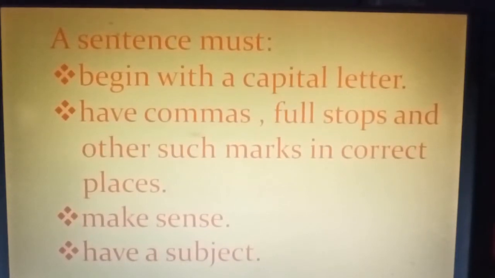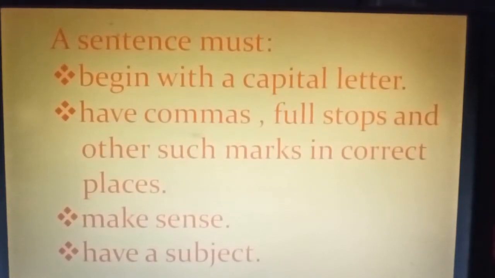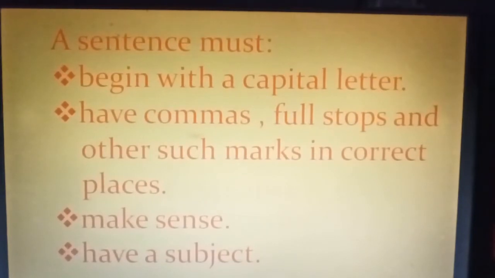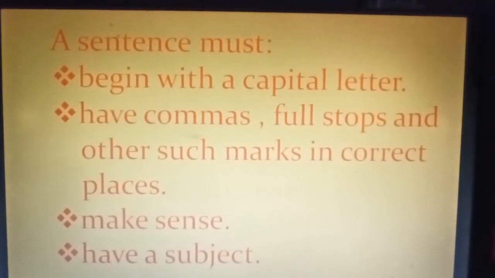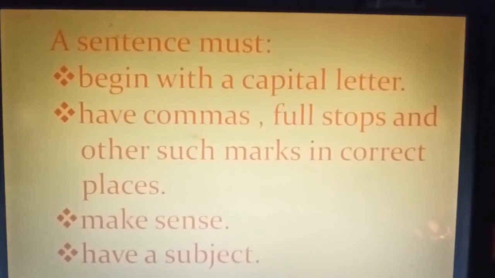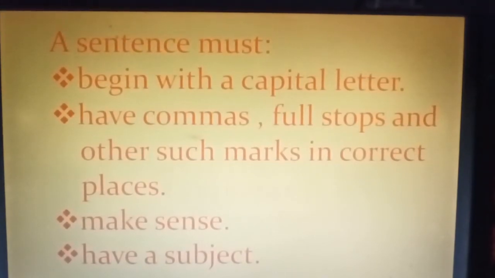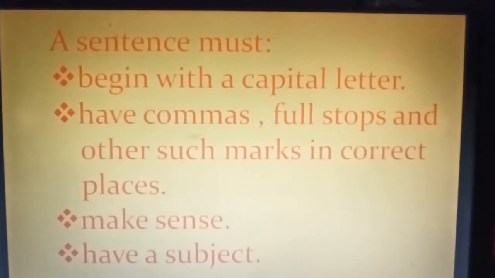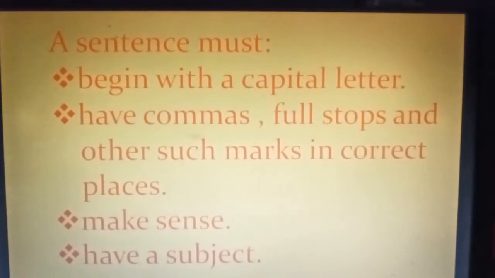A sentence must have commas, full stop and other such marks in the correct place. एक सेंटेंस में कॉमा, फुल स्टॉप और इस तरह के पंक्चुएशन मार्क प्रॉपर जगह पर लगने चाहिए. A sentence must make sense. एक सेंटेंस की सेंस बननी चाहिए. A sentence must have a subject. एक सेंटेंस में सब्जेक्ट होना चाहिए.